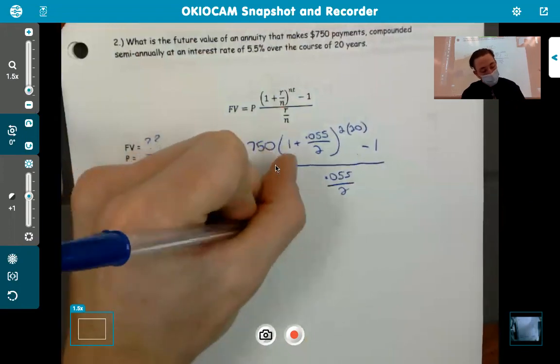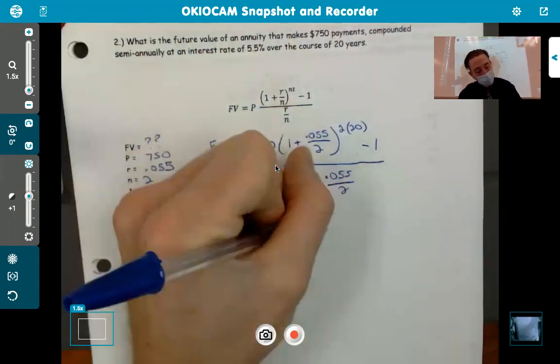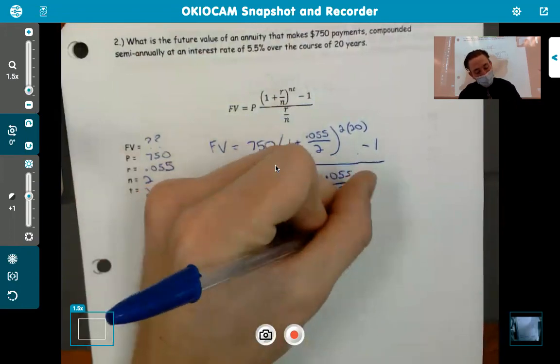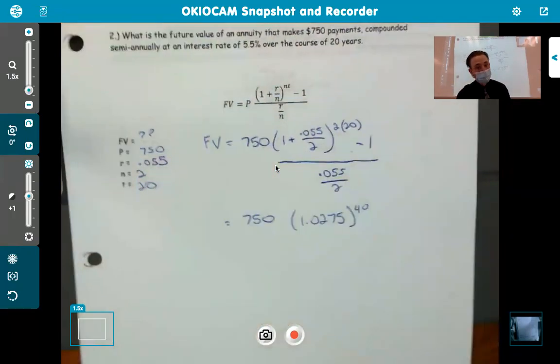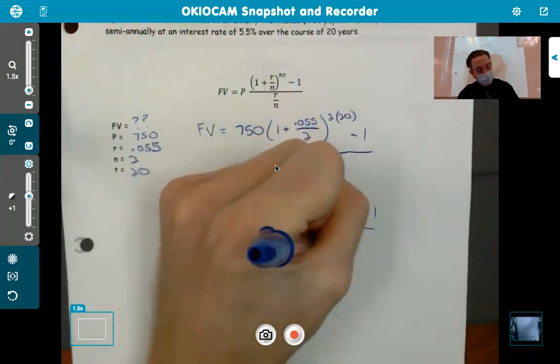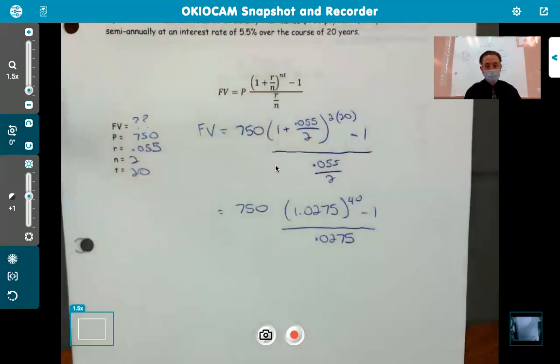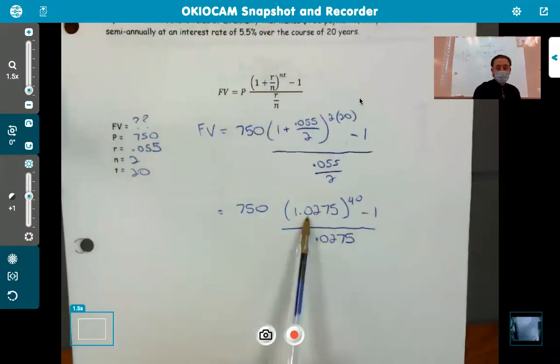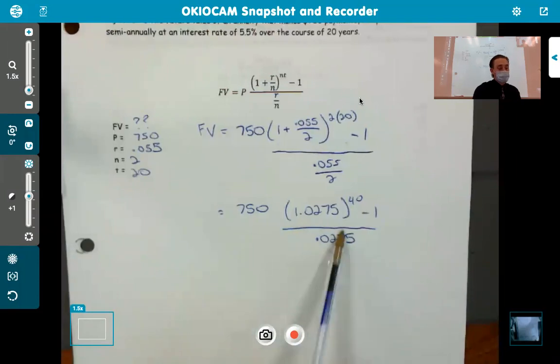So my next line, I have 750 times 1.0275 raised to the 40th power minus 1 over 0.0275. Right? Remember that you add 1 here in the numerator, not in the denominator. So these numbers should be just 1 off from each other.